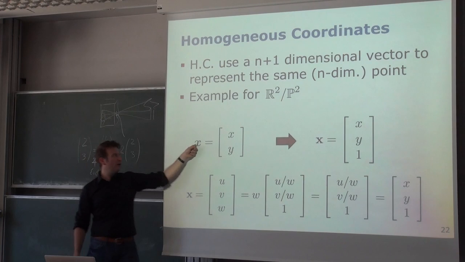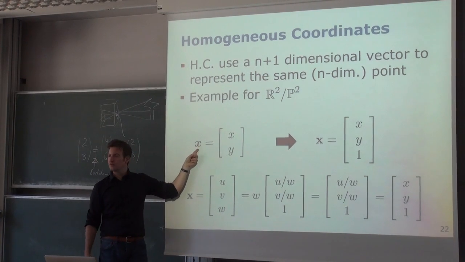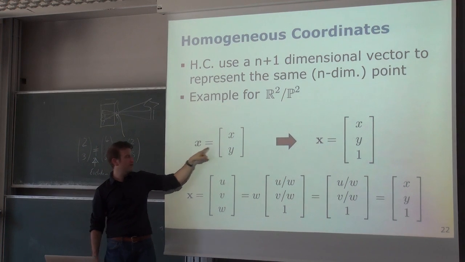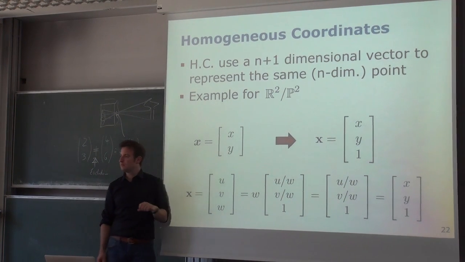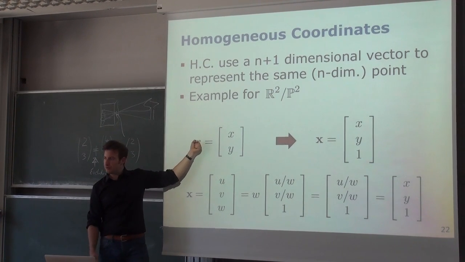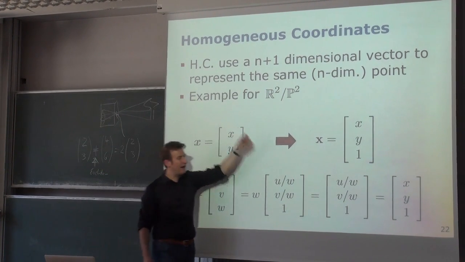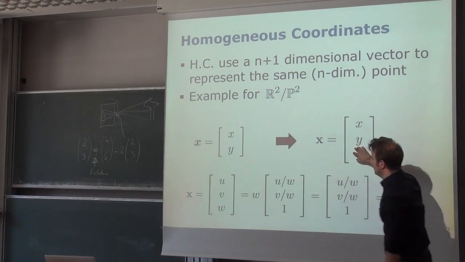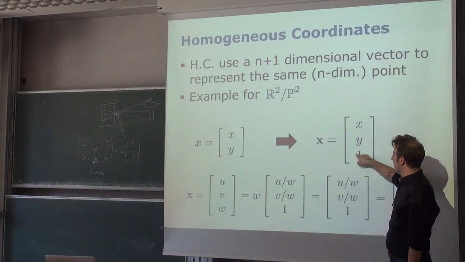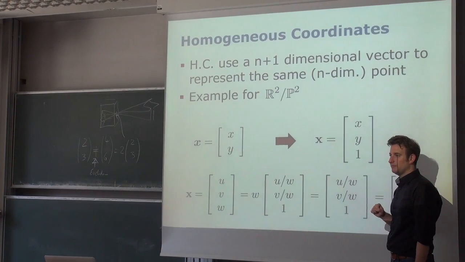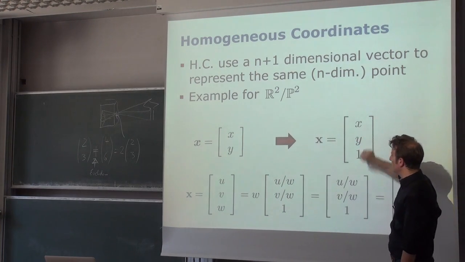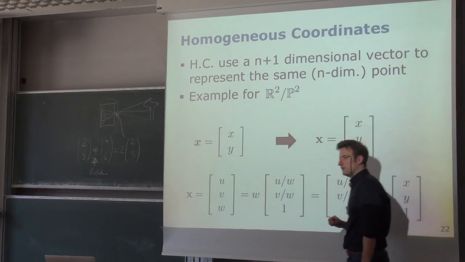If we have a point in the 2D world, in this font, so we're in the Euclidean world, it's just given by x, y. When I express this in homogeneous coordinates, I add a new dimension over here. I copy the first n dimensions and add a 1. That's the transition from the Euclidean world to homogeneous coordinates.